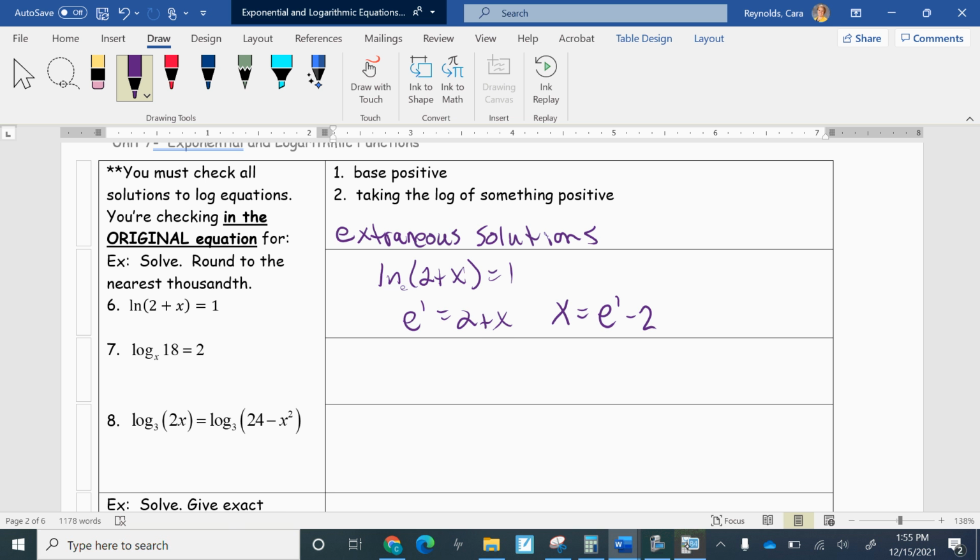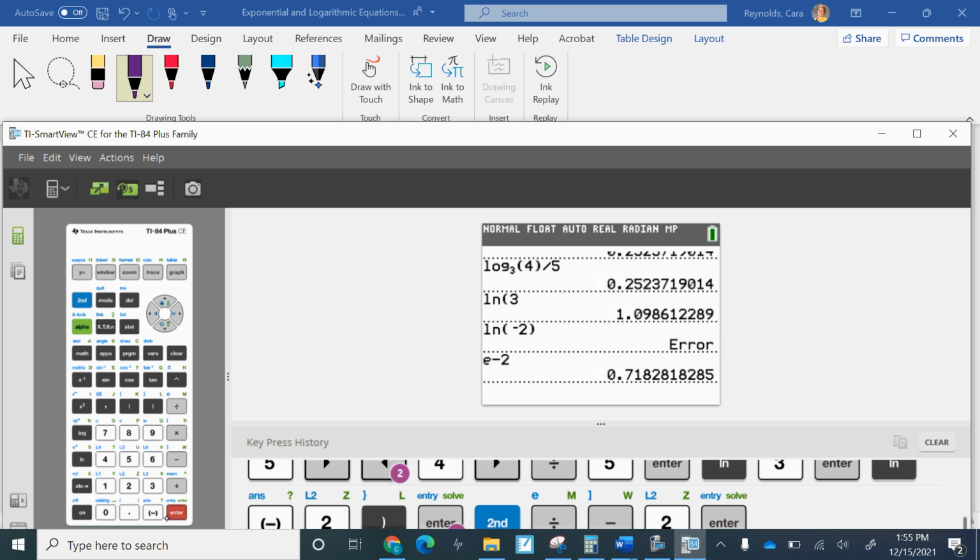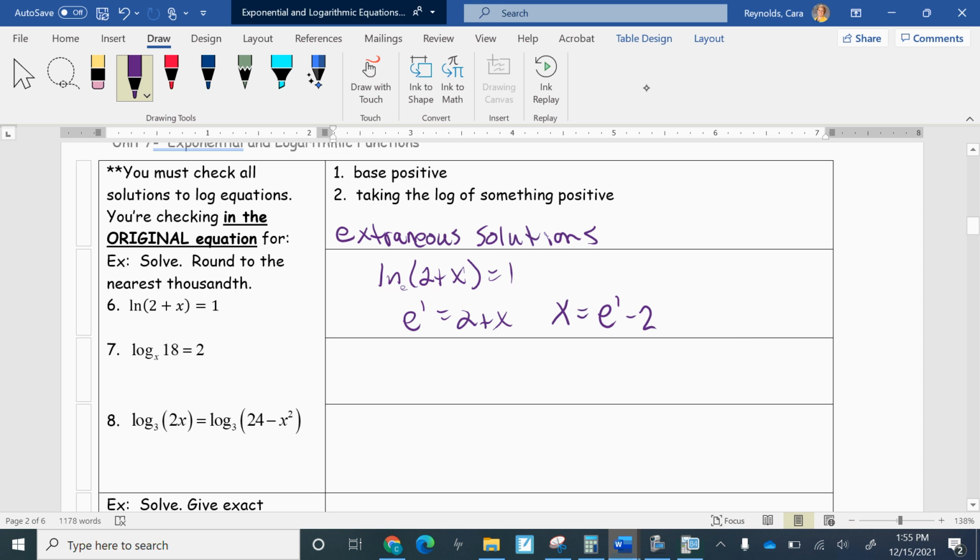This I have to do in my calculator. You have an e button right above the divide sign if you don't need an exponent. E to the 1 is just e. So e minus 2 is approximately 0.71828. To the nearest thousandth, that 2 is going to round down and keep that 8 at 8. So 0.728.